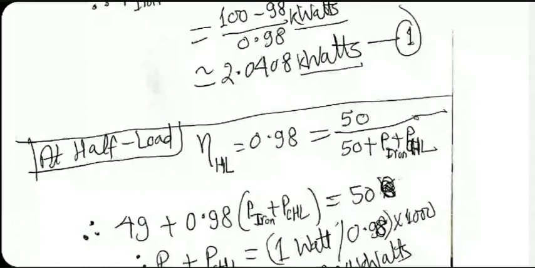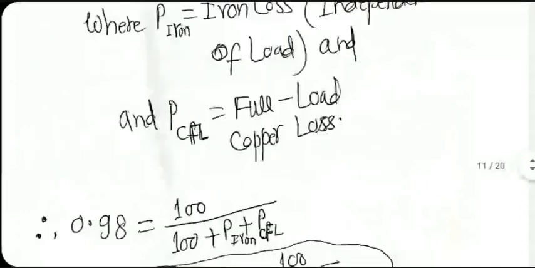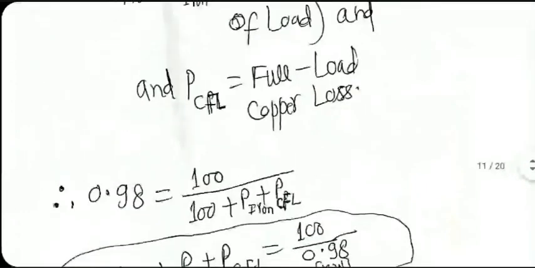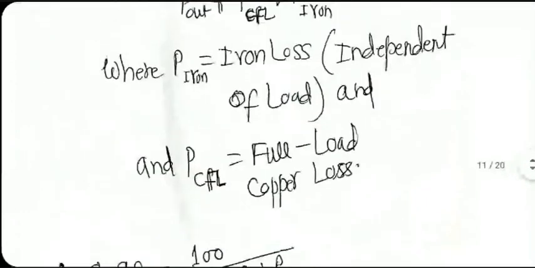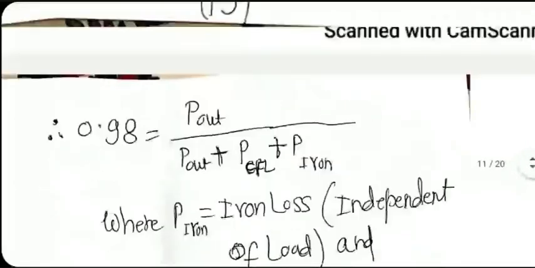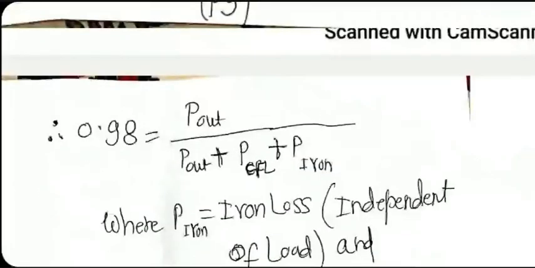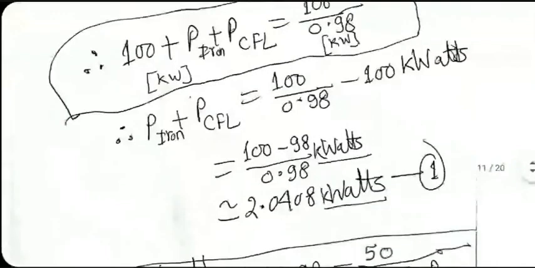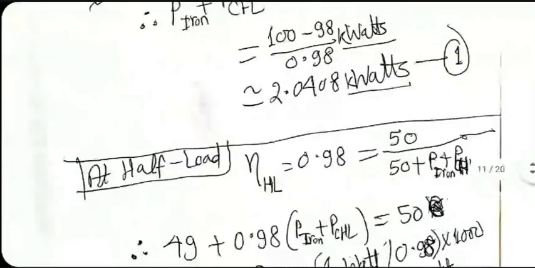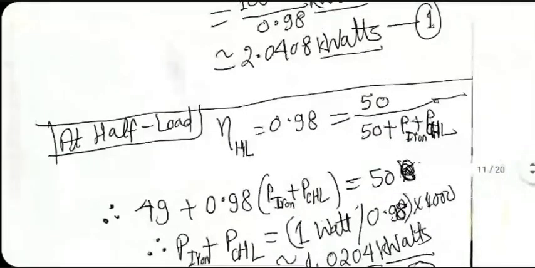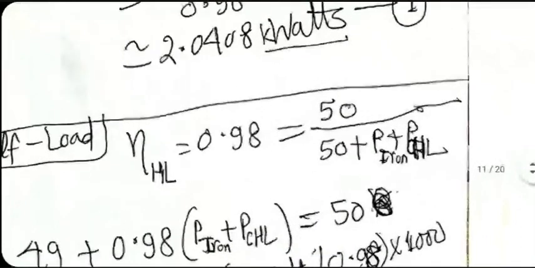So instead of 100 on the top, P out now is not 100 but 50 kilowatt in the second case. And the other thing is that the losses will contain now P iron plus PC half load. I hope you can read it clearly. I mean half load here, PCHL.